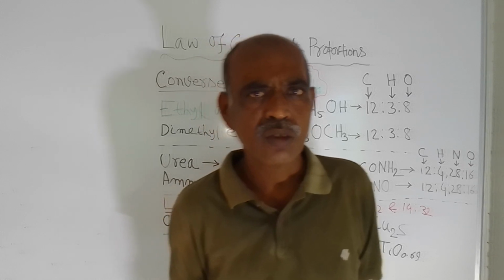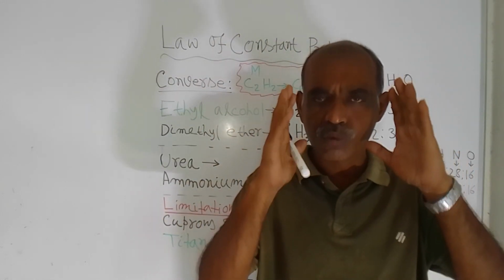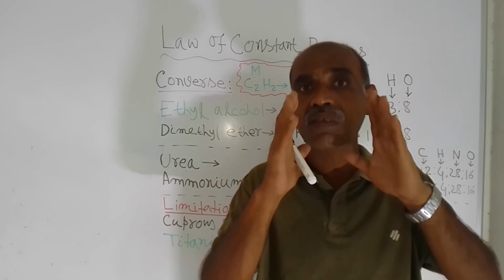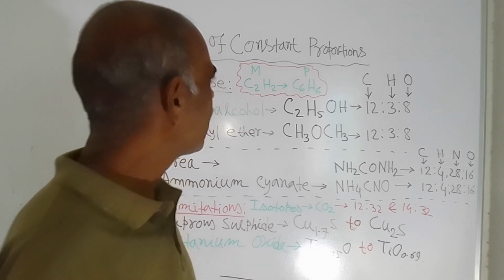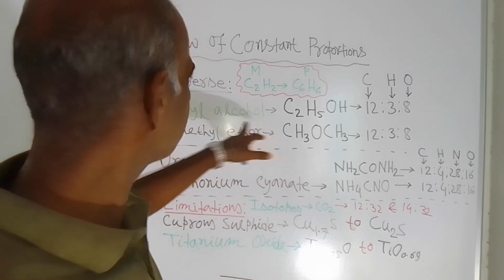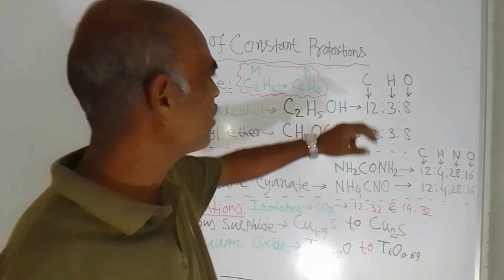Okay. So proportion remains constant. As for example, if I take this example, ethyl alcohol, C2H5OH.